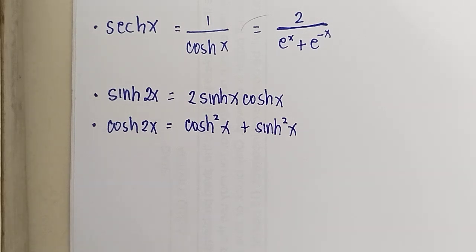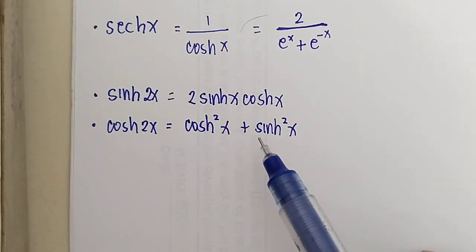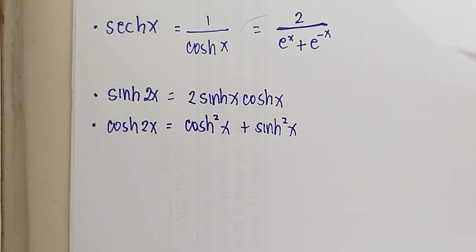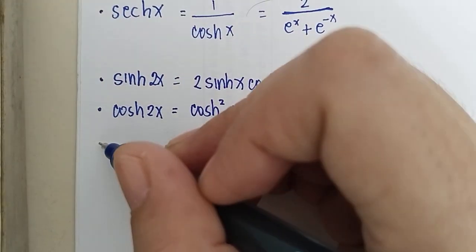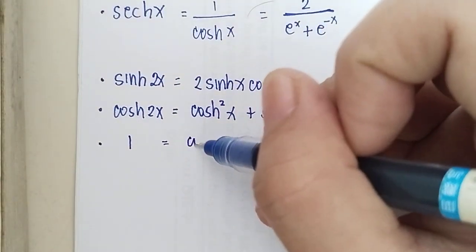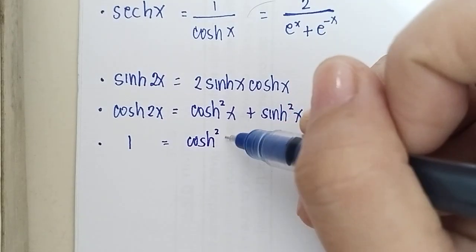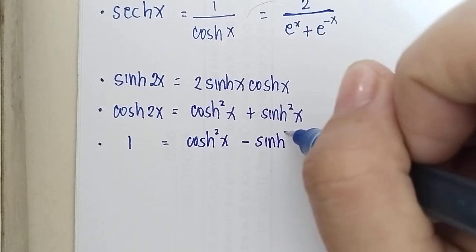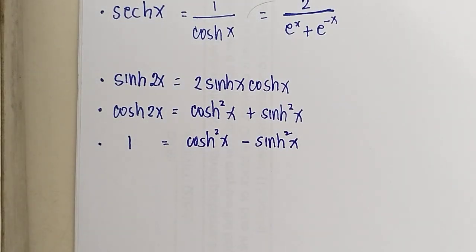Sa simple trigon natin, cosine squared minus sine squared. Kung maalala nyo, yung cosine squared plus sine squared before is equal to 1. Ngayon, ang equal na natin sa 1 ay yun ang minus naman. Okay, nagkabaliktad na sila. Square of the hyperbolic cosine minus the square of the hyperbolic sine.